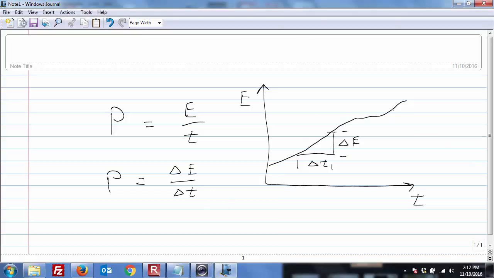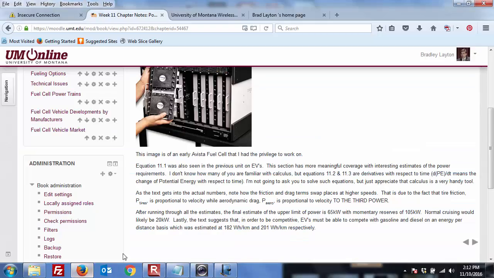But if we want to look at one exact power at this point, the way to write that would be power equals dE over dt. You can just think of d as being a smaller delta. Another way of writing that is power equals E dot. The dot just means the change in time at a particular instant. So that's the calculus lesson for the day.